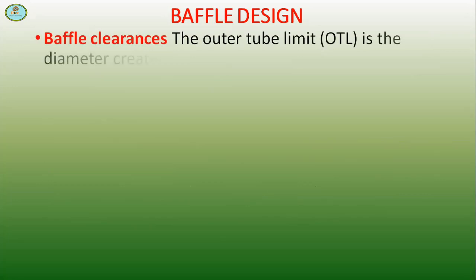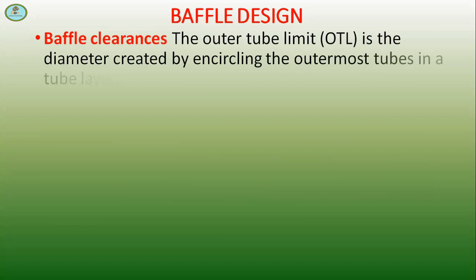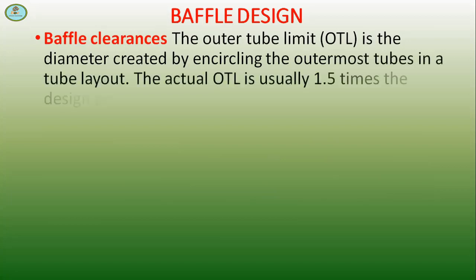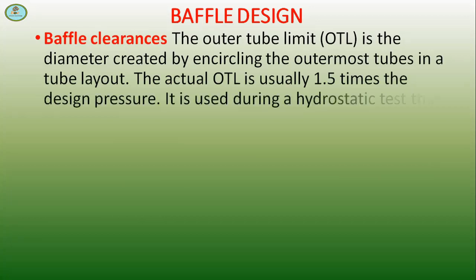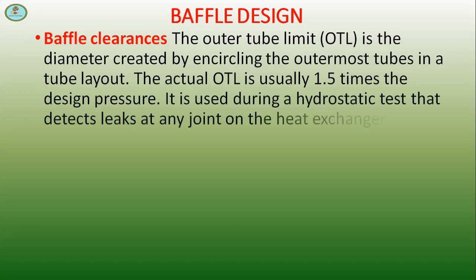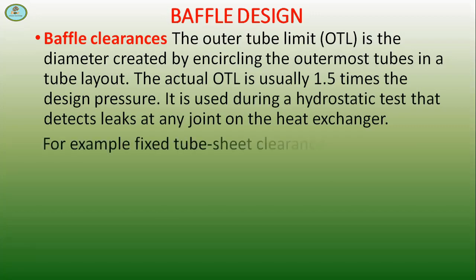Baffle clearance. The outer tube limit is the diameter created by including the outermost tubes in a tube layout. The actual OTL is usually 1.5 times the design pressure. It is used during a hydrostatic test that detects leaks at any joints of the heat exchangers. For example, fixed tube sheet clearances are shown below.